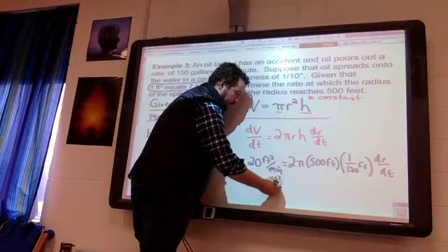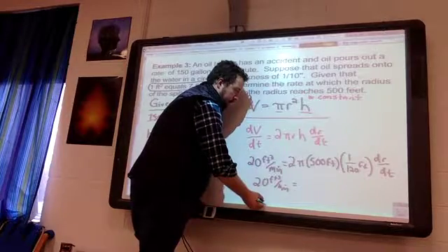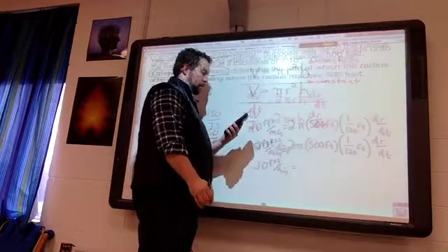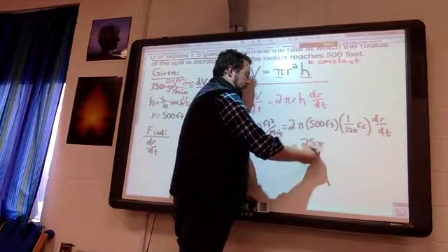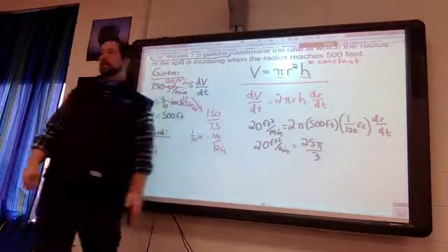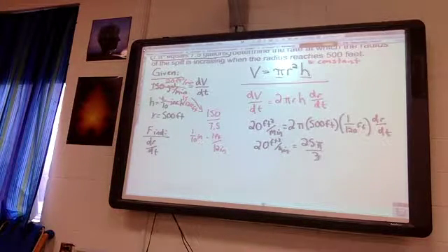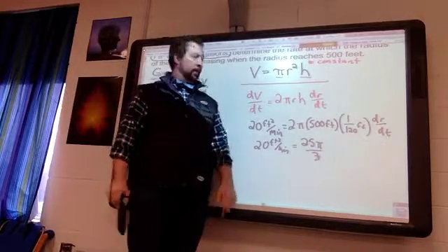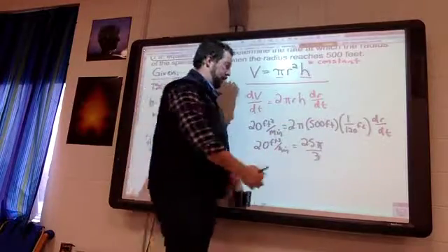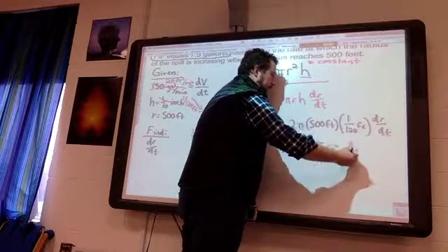The numbers without the pi gave me 8.3 repeating, which is 25 thirds. So we have 25 pi over 3. And what measurement is that in? We got feet times feet, so that's feet squared. And we still have the dr/dt.